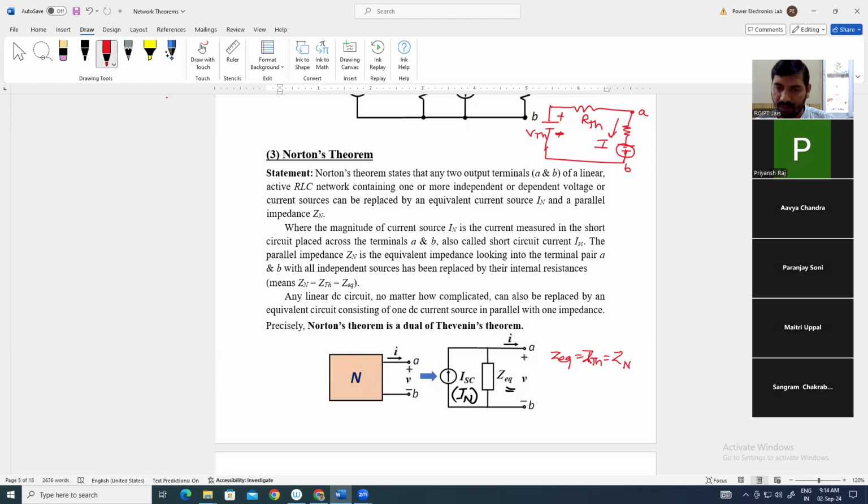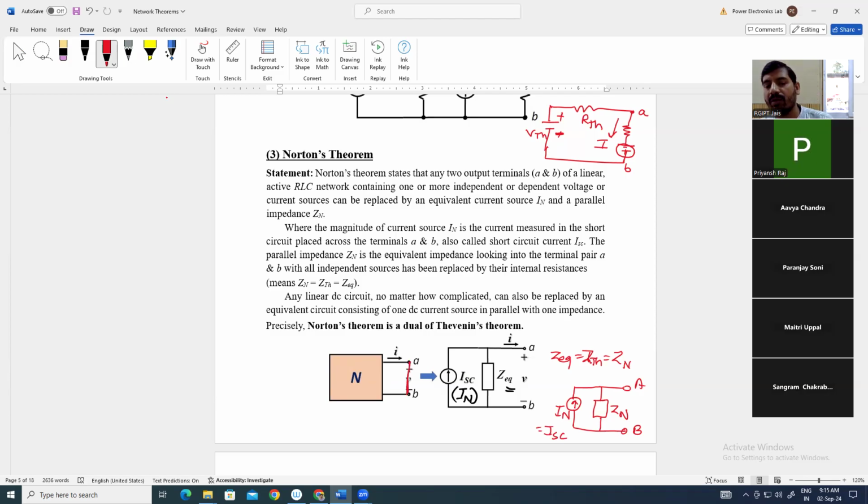So the Norton equivalent circuit is nothing but a current source in parallel with an impedance. So this is Zn, this is In. In is called ISC, short circuit current, because in this method you will create a short circuit between these two terminals.